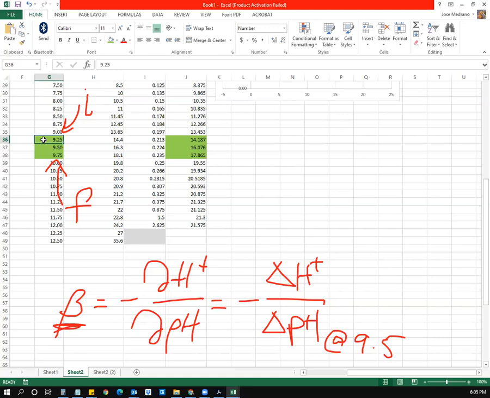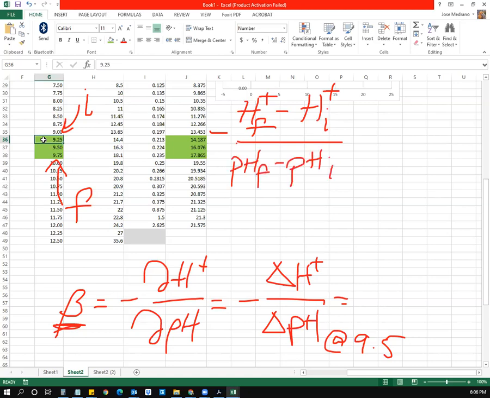So again, we're going to end up with negative, and then this is millimoles of the acidic protons final minus the millimoles of the acidic protons initial, divided by the final pH minus the initial pH.